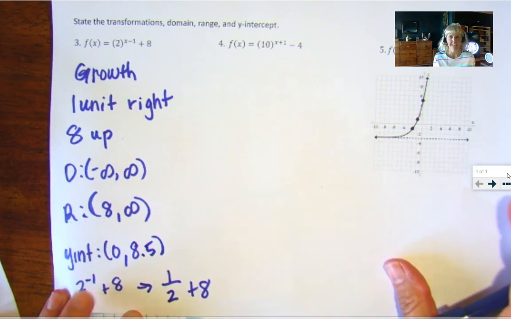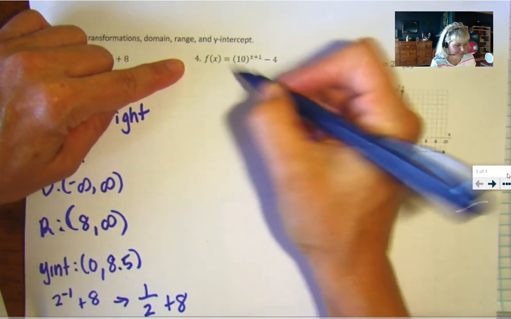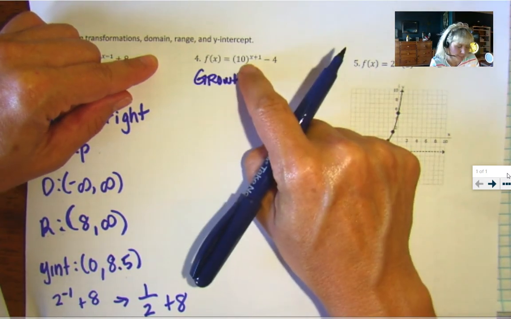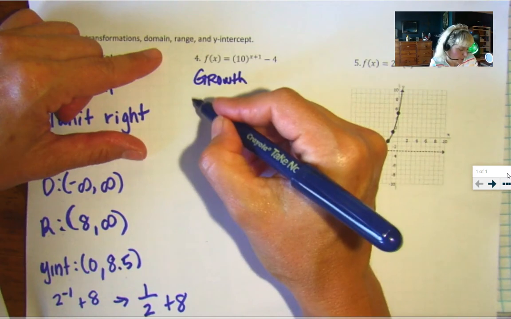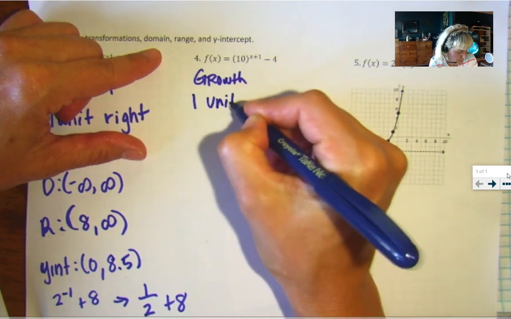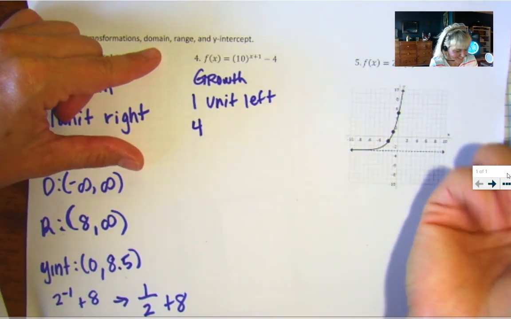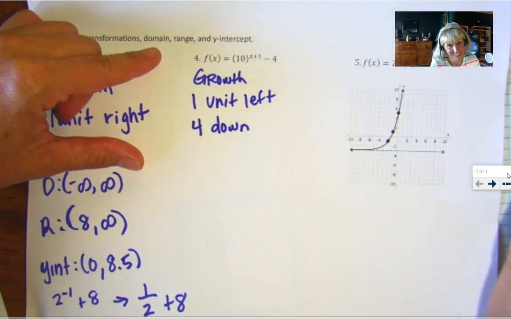All right, let's take a look at number 4. On number 4, I know it's a growth because that's bigger than 1. It's going to be 1 place to the left and then 4 up, 1 unit left, and 4 down, not up. It's down because that's a negative sign.